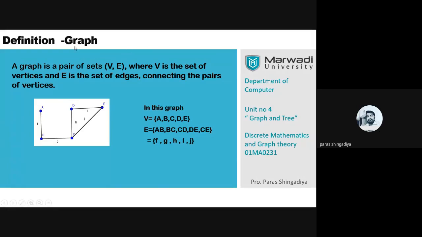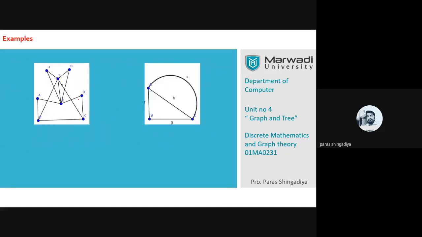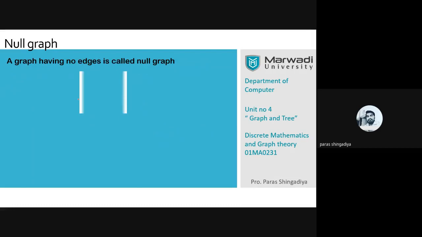That is the definition of a graph. To create any graph, you should have at least two objects: one is a set of vertices and the second is a set of edges. Then you make connections arbitrarily. That is called a graph. These are the examples we discussed. A null graph means there are no edges in the graph.